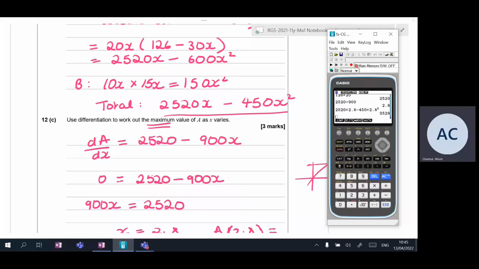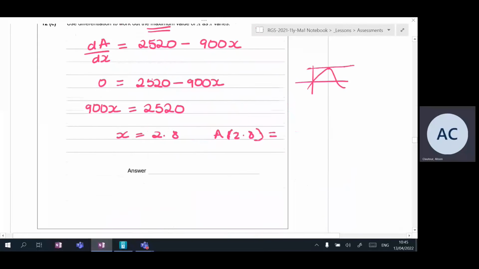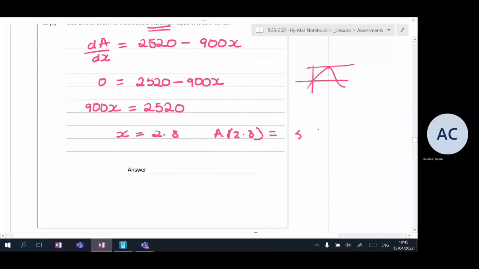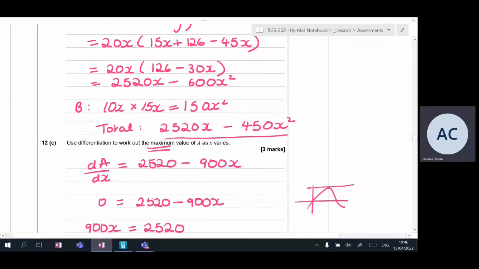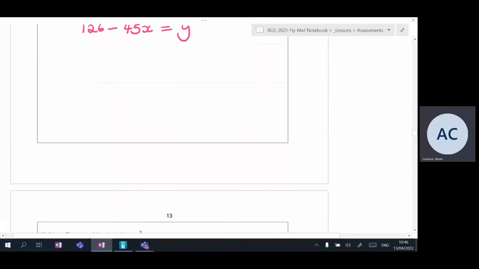So 3,528. Okay, and then centimetres squared.